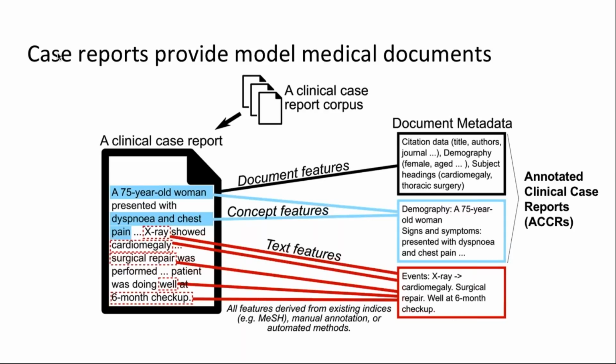The clinicians performed a particular therapeutic procedure, and then after a certain amount of time, they made a clinical assessment. And they realized in this case, okay, the patient was doing well at the point of a 6-month checkup. So at this point, we're not even just identifying exact entities that are present, but actually their relation to those higher level medical concepts.